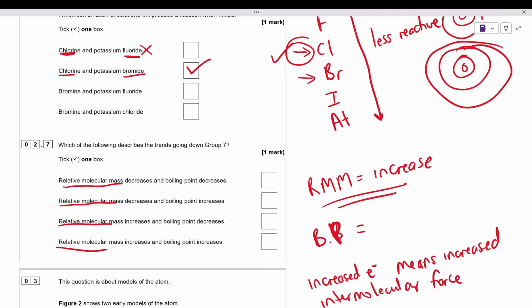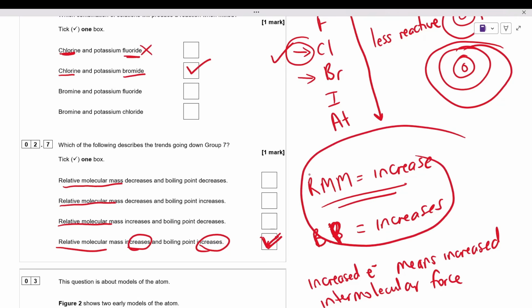So if the intermolecular force increases, the boiling point will also increase. This is the one that will agree with everything that we have said. Relative molecular mass increases, so the mass of that molecule increases as we go down, which is synonymous with the increase in the electron density, which increases that intermolecular force. So the boiling point will also increase as we move down that group. These are our key things for this one.